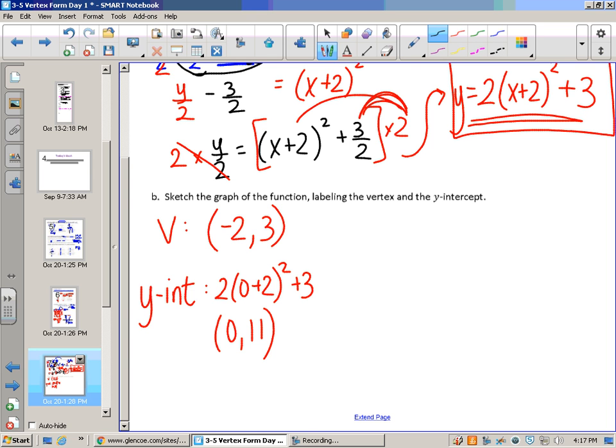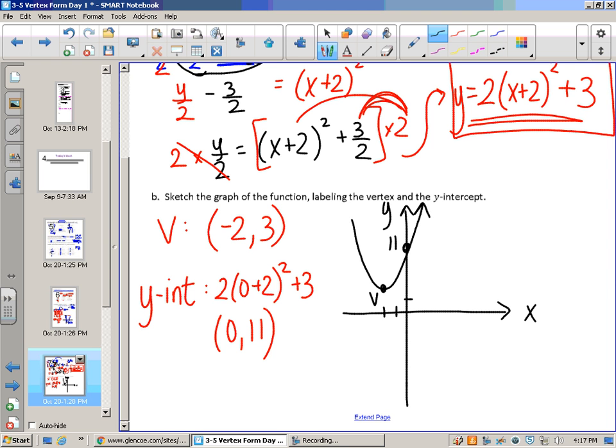So if I were to sketch this again, x and y axes, I know my y-intercept is up at 11, and then my vertex is at negative 2, positive 3. So that's got to be maybe around here, if 11's up there. So that's my vertex. So it has to look something like that, but it has to look like our function f of x.